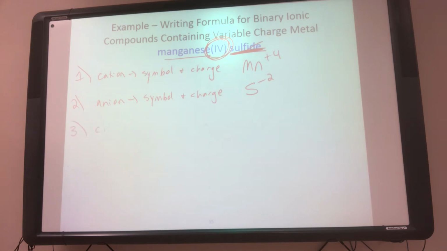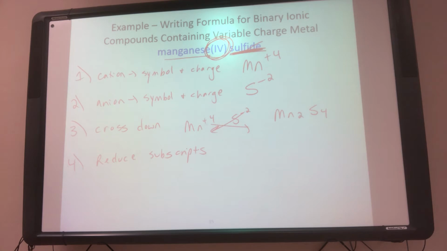Step 3 is my cross down method. And so you can just write it cross down. So then I get Mn2S4. Okay. Step 4 was to reduce those subscripts.